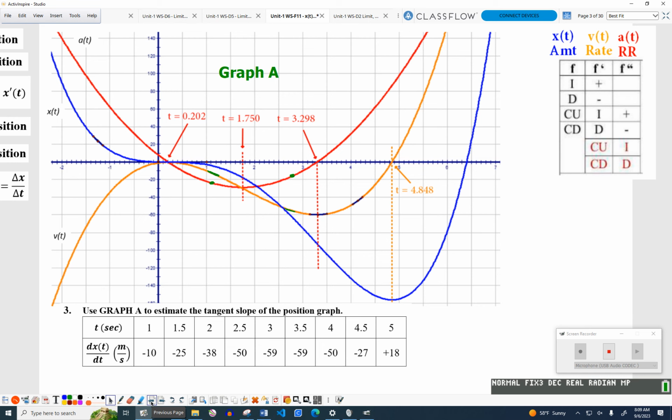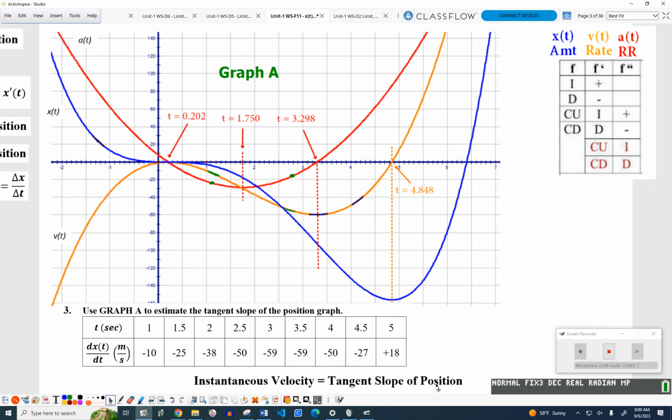So, the blue line. We're supposed to be finding the tangent slope of the blue, and what we've talked about, just barely, and now you're gonna memorize, is the tangent slope of the position graph, or the tangent slope of the blue, is exactly the same as the y-coordinates on the velocity graph.